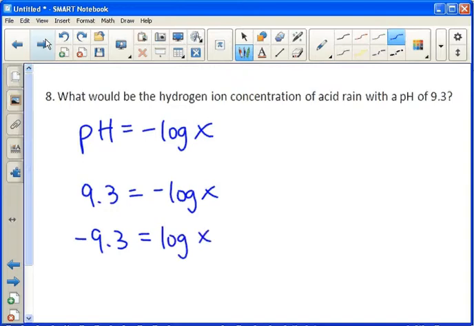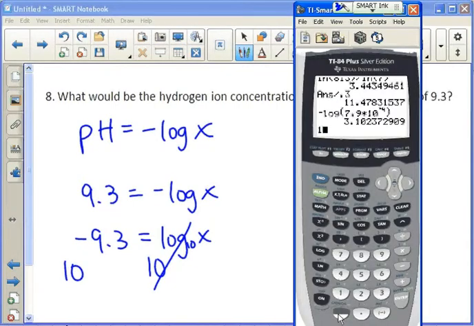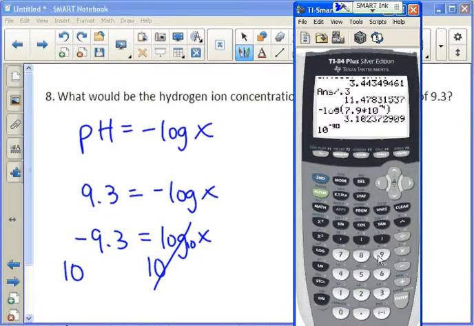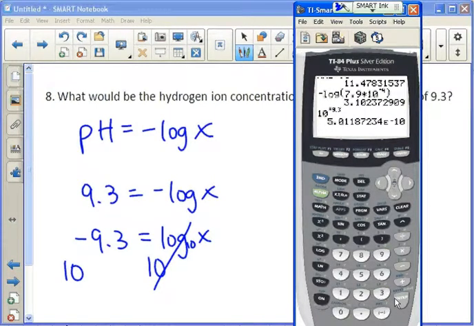So the way to get rid of that is to make both sides powers of 10. So just cancel that out, plug 10 raised to the negative 9.3 in your calculator, and you get your answer. And you can actually just leave it as 10 raised to the negative 9.3 if you want, or do this: 5.011 times 10 to the negative 10th.